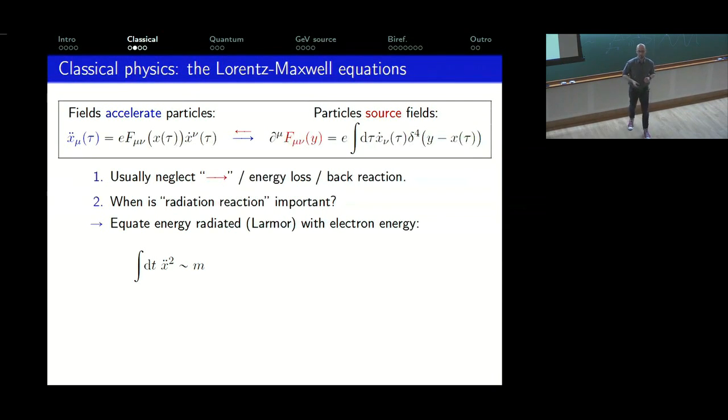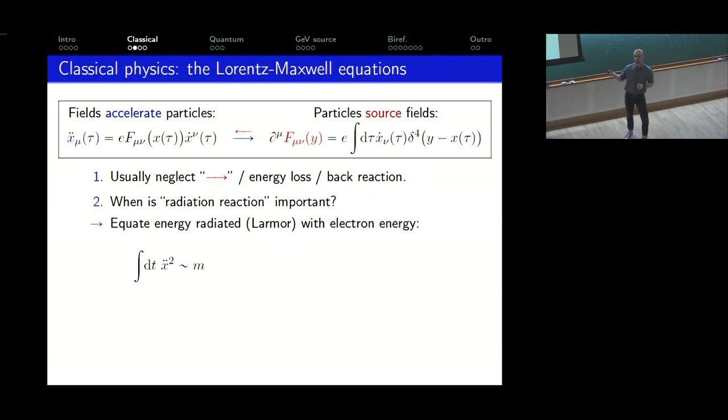But let's think, when might radiation reaction become important? So we're asking, when do we have to go from just worrying about the Lorentz equation to worrying about this coupled system of actually highly nonlinear differential equations? Well, when might back reaction be important?